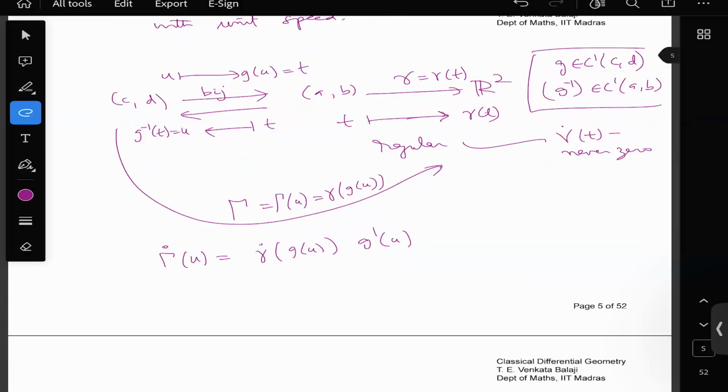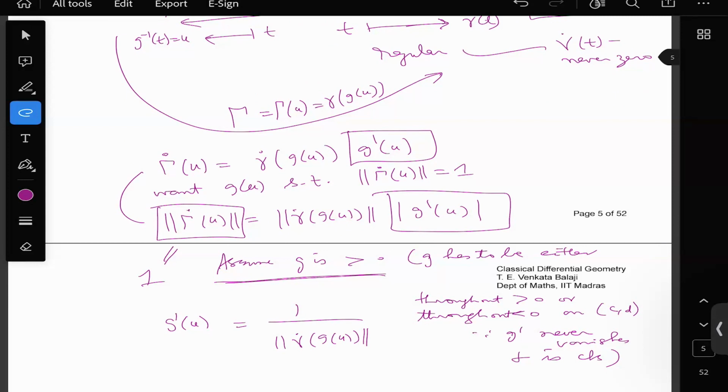But what is the aim? The aim is you want this to be equal to 1. So let me write it like this: want g of u such that capital gamma dot of u is equal to 1. We assume that g dash is greater than 0. Because if you want to talk about g, either you should say it's strictly increasing or strictly decreasing.